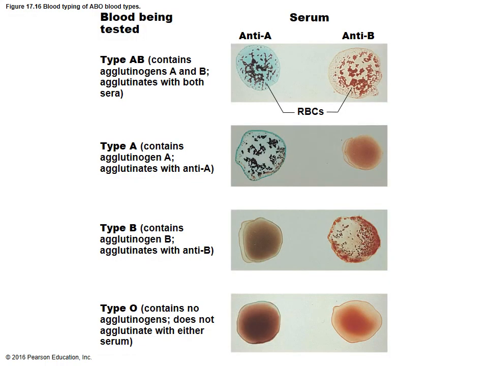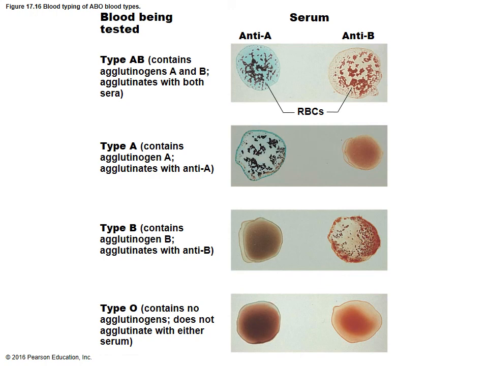Our last slide of this particular section takes a look at a test that oftentimes we'll do in lab. If you have a patient who comes in and you want to test their blood type, the easiest thing to do is to induce agglutination or clumping by making a perfect match between their antigen and the antibody.